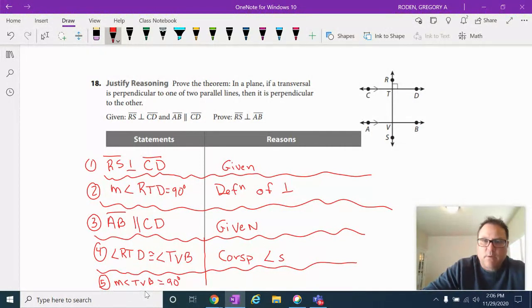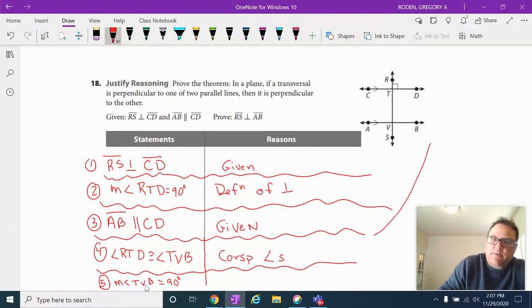Okay? And that's basically substitution, right? Because if we know that RTD is congruent to TVB, then we can just substitute 90 in for each one of them. So sorry, guys, I'm running out of room and I want you to be able to see this.